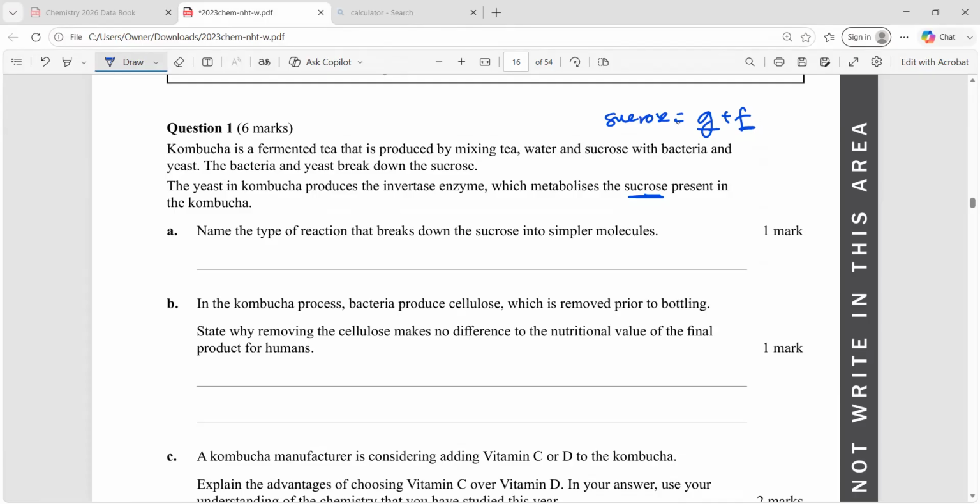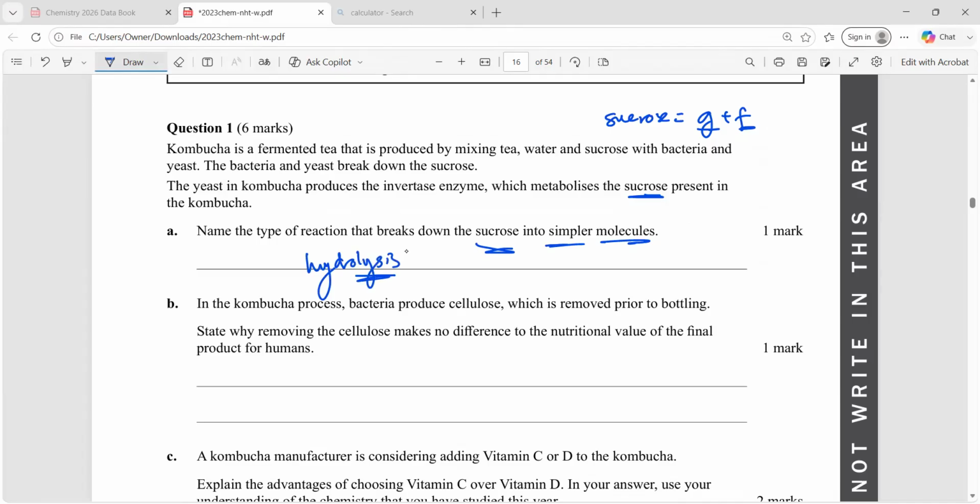Now, fruit chemistry isn't really a part of the chemistry study design anymore. However, understanding the types of reactions and things like that is really important. So it says name the type of reaction that breaks down the sucrose into simpler molecules. Generally speaking, when we're breaking up sucrose, we do it under a reaction called hydrolysis.